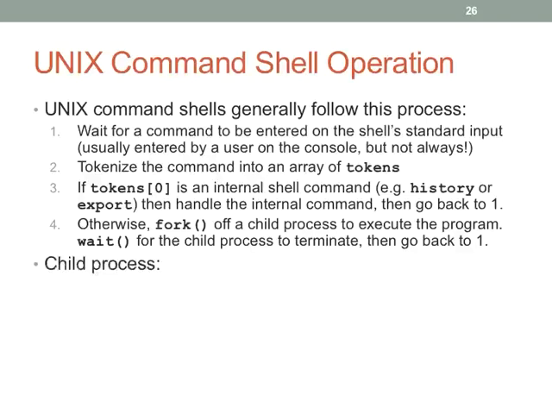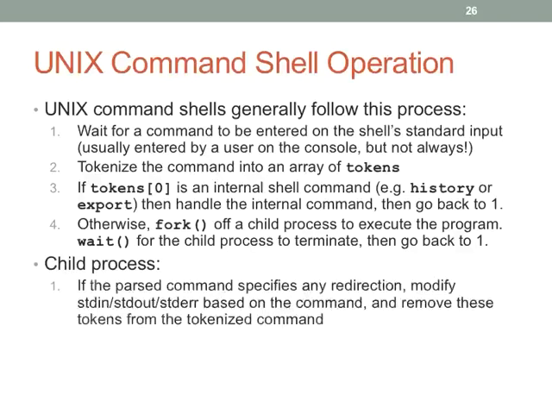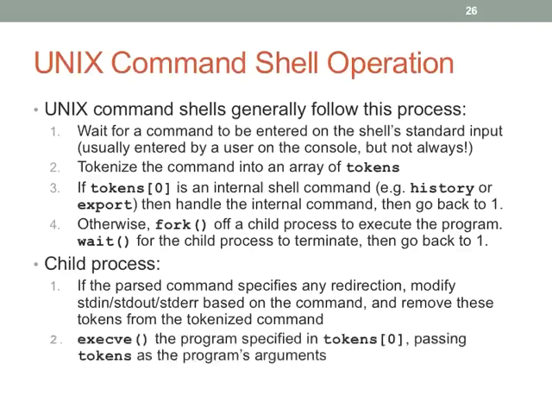That would be confusing. The child process, of course, looks to see if there's any redirection, because it has the same data the parent had, because it's a clone. And it modifies standard input, standard output, and standard error if necessary, removes those tokens, and then calls execve to run the program.